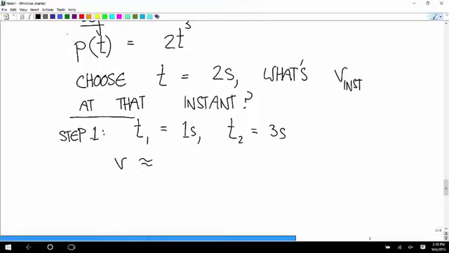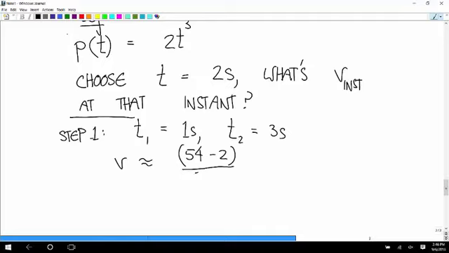Plug 3 in for t, and you get 27 times 2, so 54. And now we want to do it for 1 second. 1 cubed is 1, times 2 is 2. So the numerator is 54 minus 2.